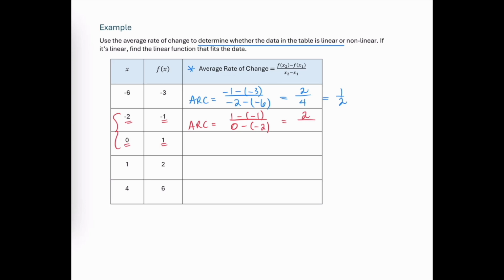And in the denominator, we have 0 minus -2, which is going to be +2. And right away, we can see that we have a different average rate of change. So that means that we don't have to go any farther with our check. As soon as we come up with two average rates of change that are different, we can tell that the data is nonlinear. So we don't have to search for a linear function because the data in the table is not linear.